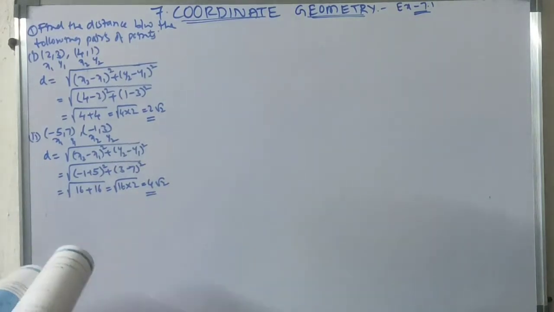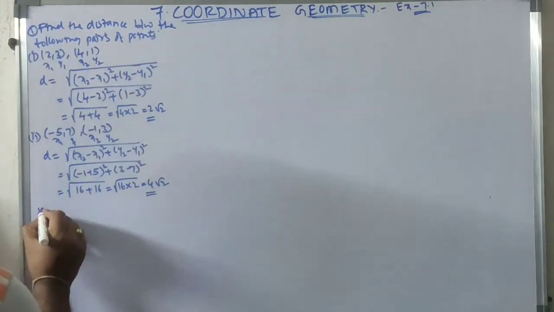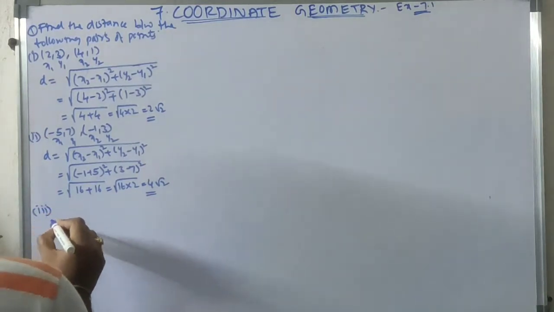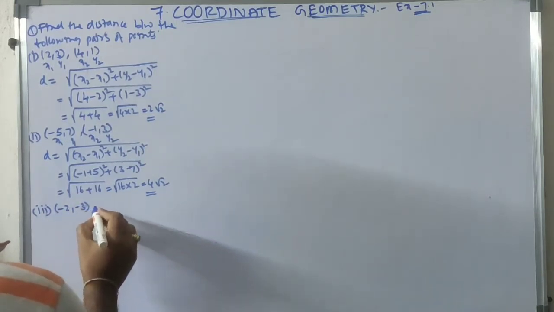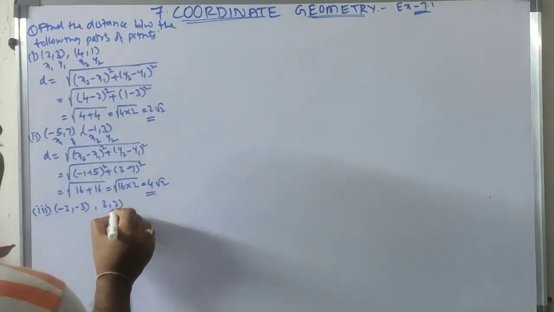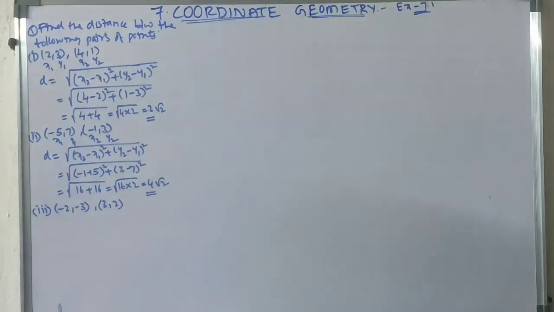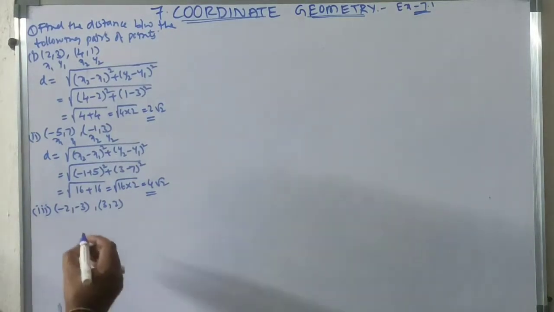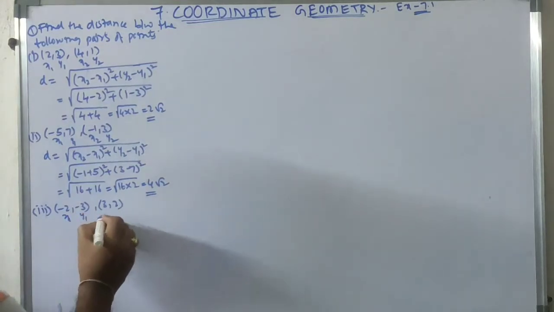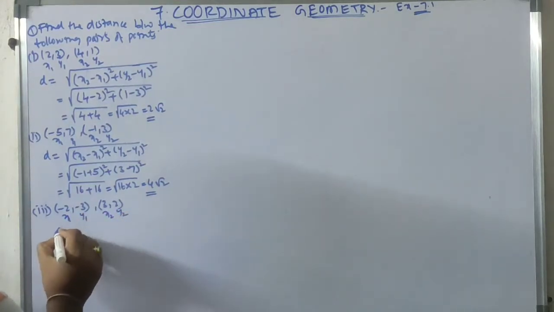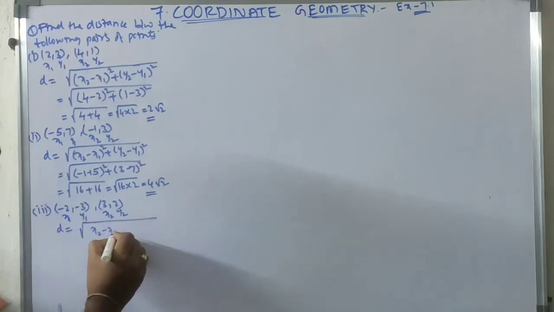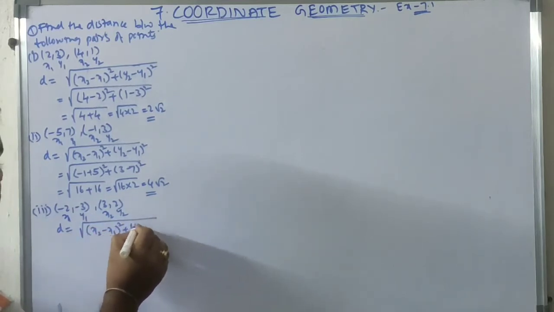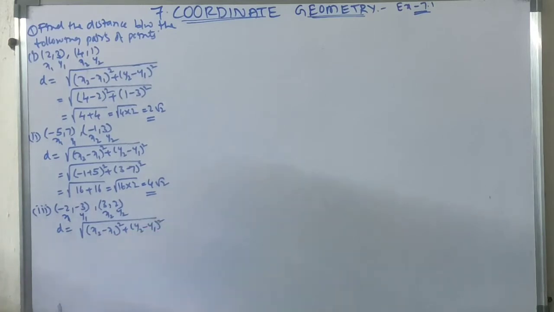Next, the third one: (minus 2, minus 3) and (3, 2). Distance equals under root of (x2 minus x1) whole square plus (y2 minus y1) whole square.